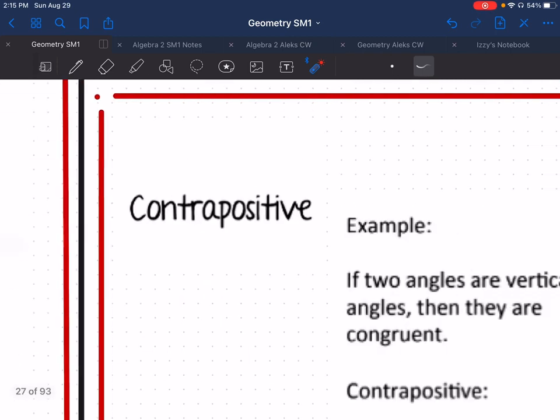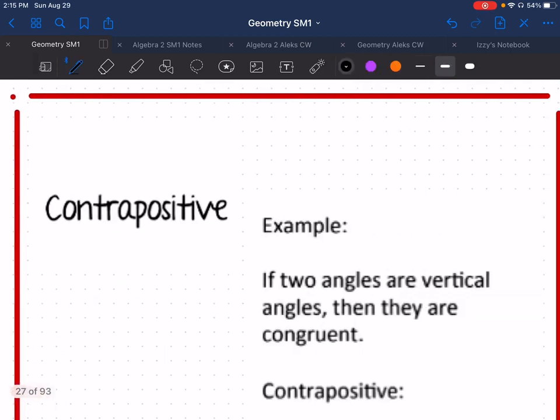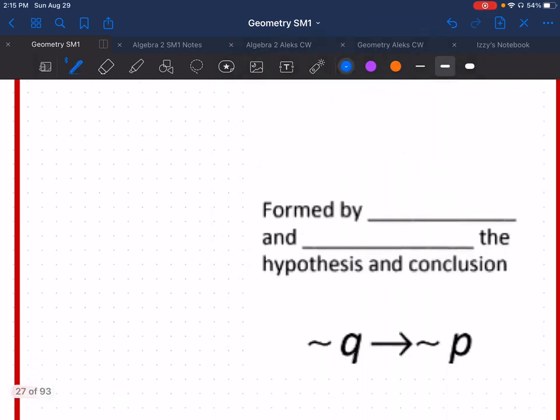All right, the last conditional statement that we're going to talk about today is called the contrapositive. And what the contrapositive does is it does pull together the two previous conditional statements.